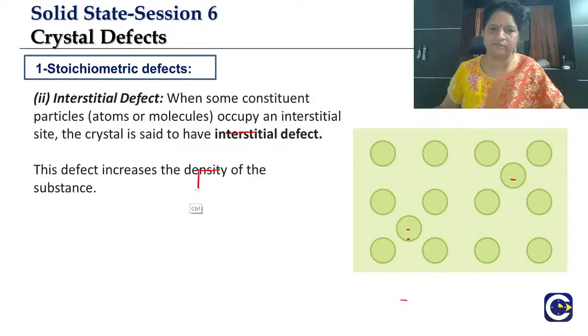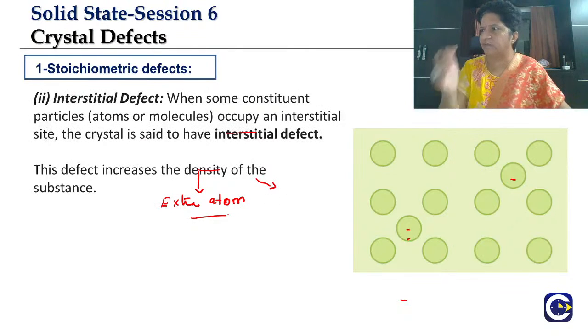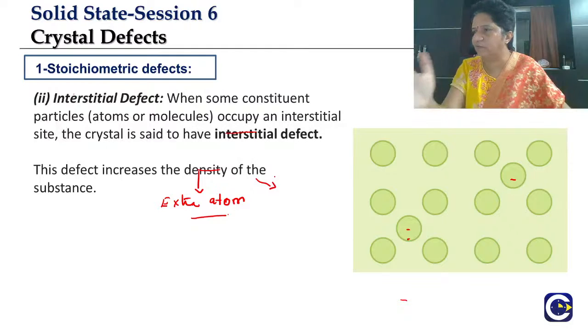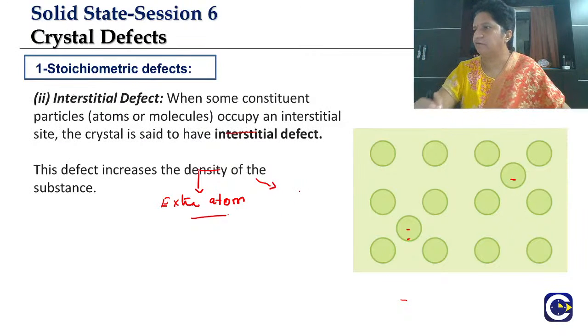One is when an extra atom occupies the interstitial site, the density increases. The same atom moving from its place to another place, the density will remain the same. Am I clear? Shall I continue?